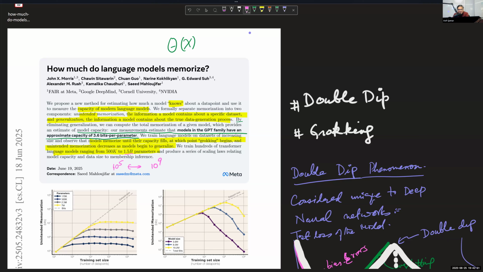And they produced a series of scaling laws relating model capacity and data size to membership inference. And this is interesting. They come up with a series of scaling laws, and you will see. So what are scaling laws? Scaling laws relate how some feature about a language model, some characteristic they compute, responds to the size of something else. Right?